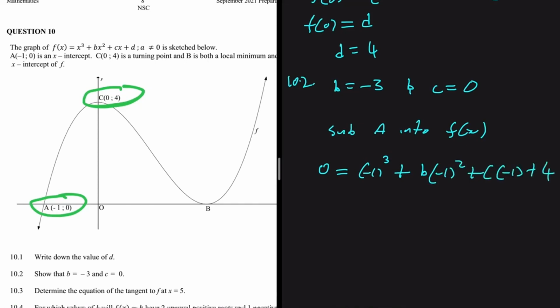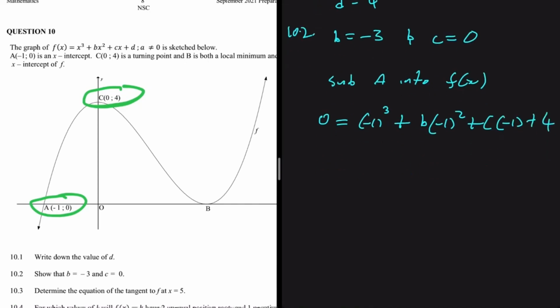But we know that d equals 4. So let's solve this. 0 will be equal to -1 cubed, that will be -1, and then -1 squared, that will be 1. So we have plus b, and then minus c plus 4. So we're going to have 0 equals 3 plus b minus c.